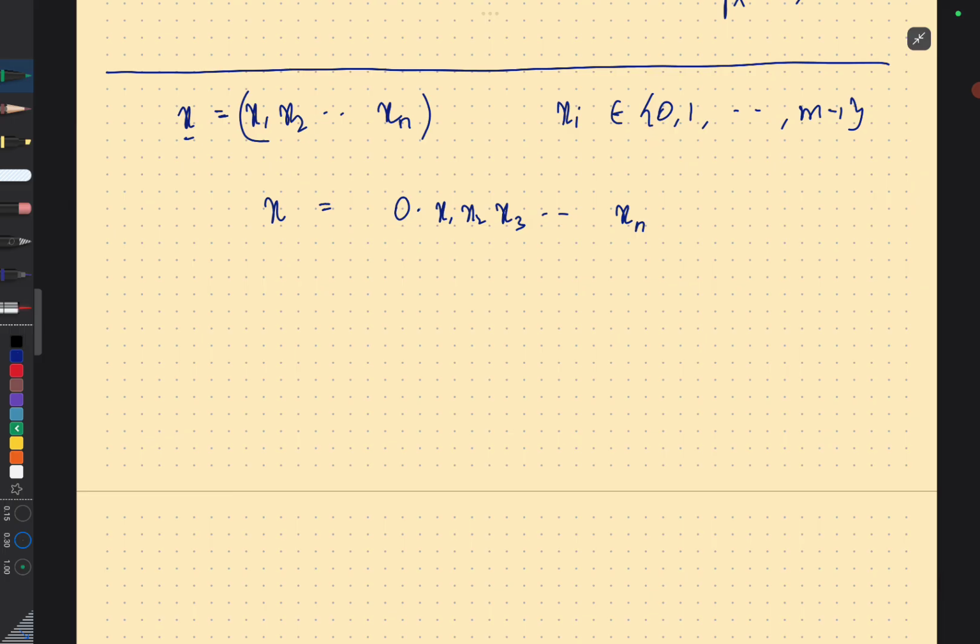And this corresponds to the real number given by the summation i equal to 1 to n of xi times m to the minus i. So this number is guaranteed to be between 0 and 1.